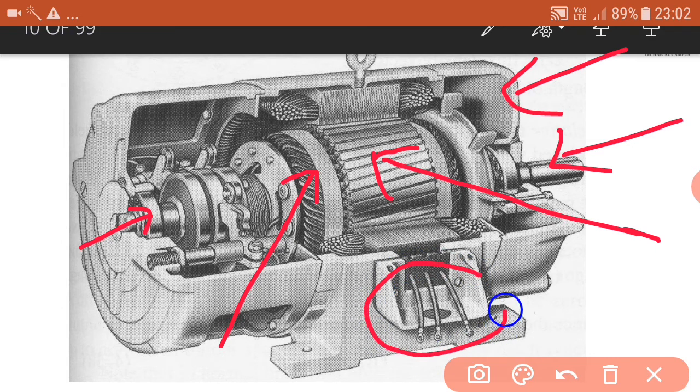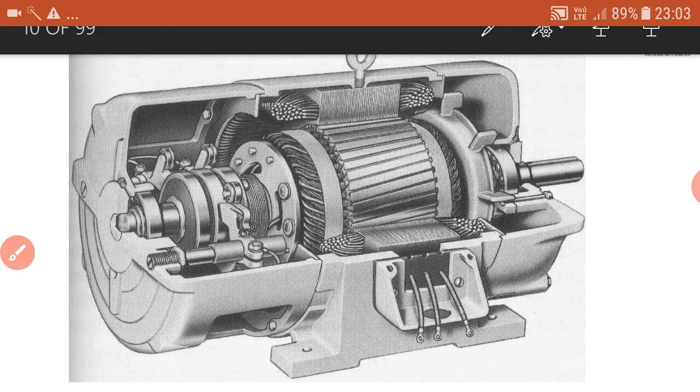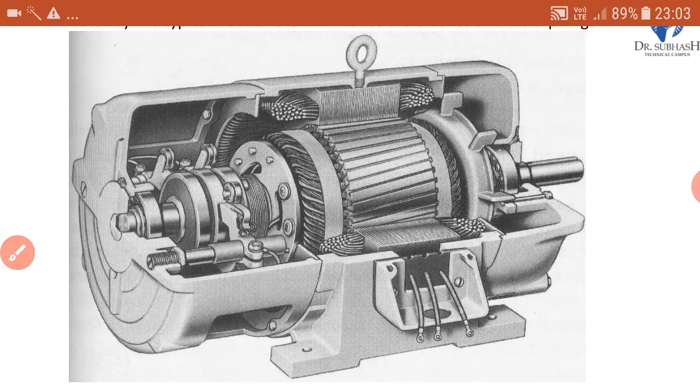Here we can see the connection. There are three wires, which means a three-phase connection is given there. So this is the construction of the slip ring motor.